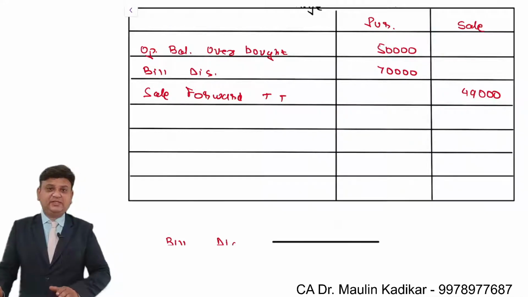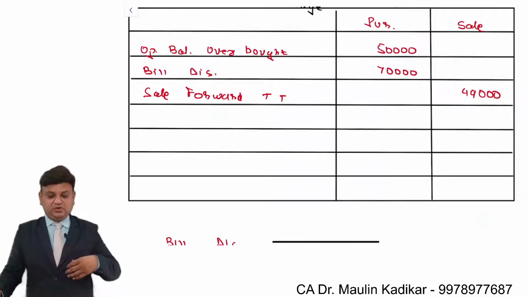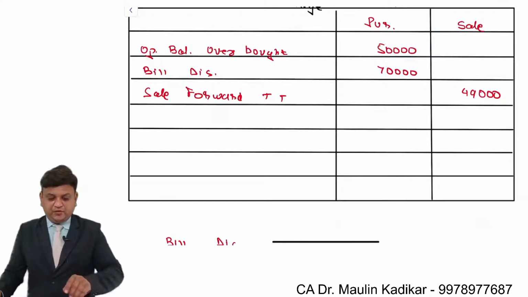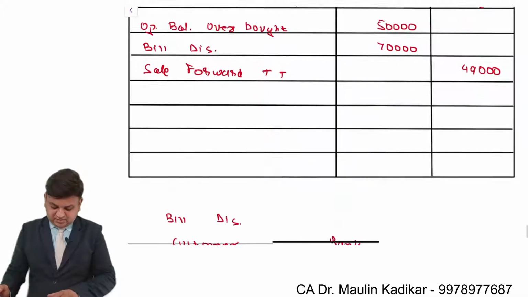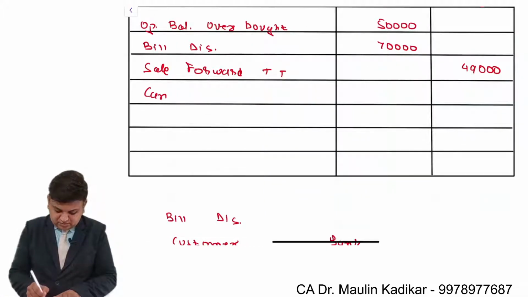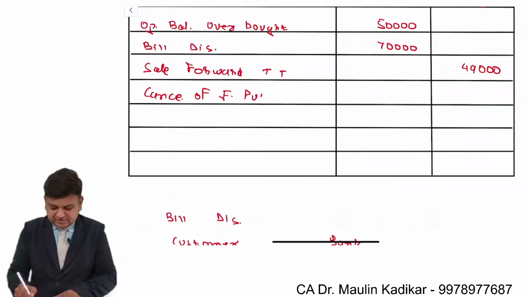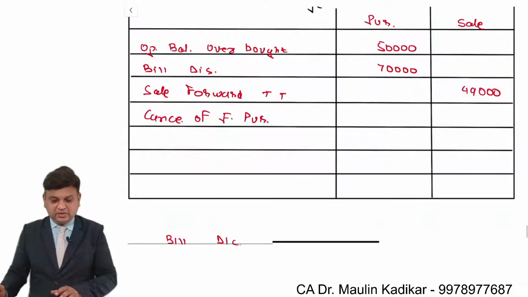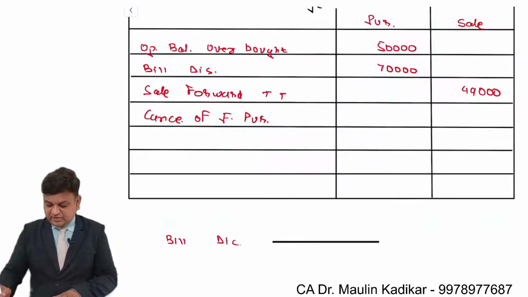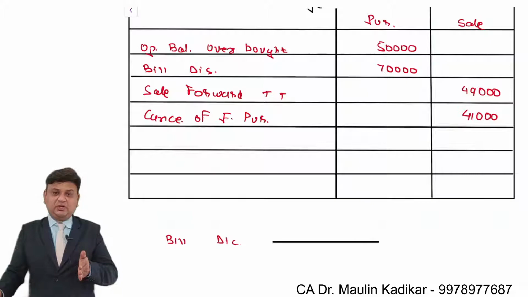Since it is a forward transaction, it will not have the impact in the Nostro account. Forward purchase cancel. So cancellation of forward purchase. It will come on the sale side now, because when the purchase was entered upon, it must have been shown in the purchase column. Now it is required to be shown in the sale column.